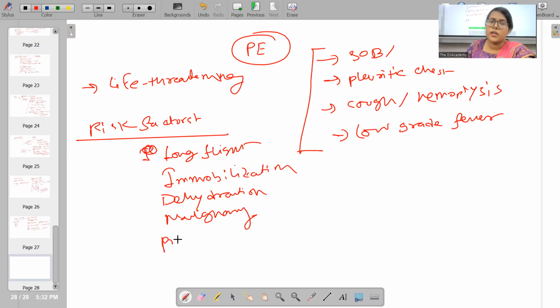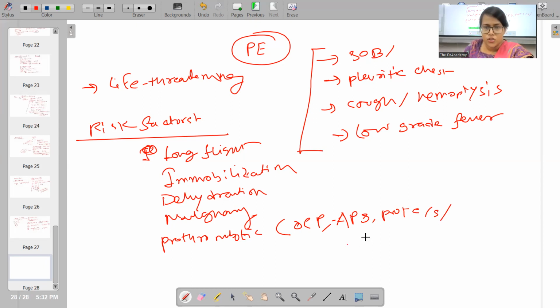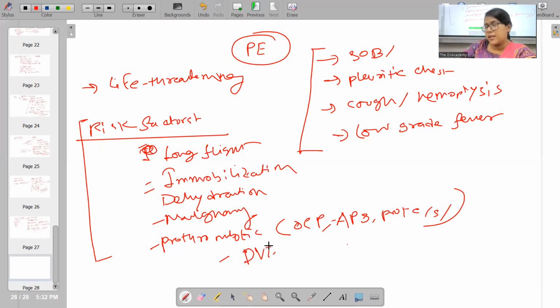Number 4, prothrombotic condition, like female taking oral contraceptive pill, women or men having antiphospholipid syndrome, protein C, protein S deficiency, or antithrombin 3 deficiency, or factor V Leiden mutation. So all these conditions are prothrombotic condition. These are basically some of the risk factors that are associated with pulmonary embolism, or any past or recent history of deep vein thrombosis that can also cause pulmonary embolism at the same time.